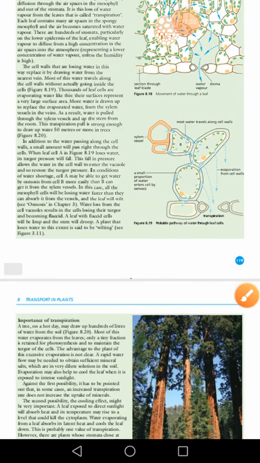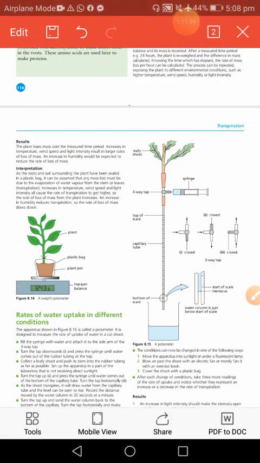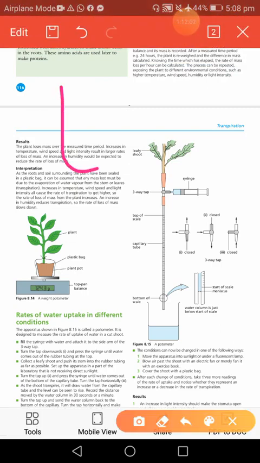Now, this loss of water through the nozzle is considered to be transpiration, that means the loss of water as water vapor from the surface of the leaf. If this is the leaf, then this loss of water vapor is the transpiration. And due to this transpiration, more water is moving up the pipe.